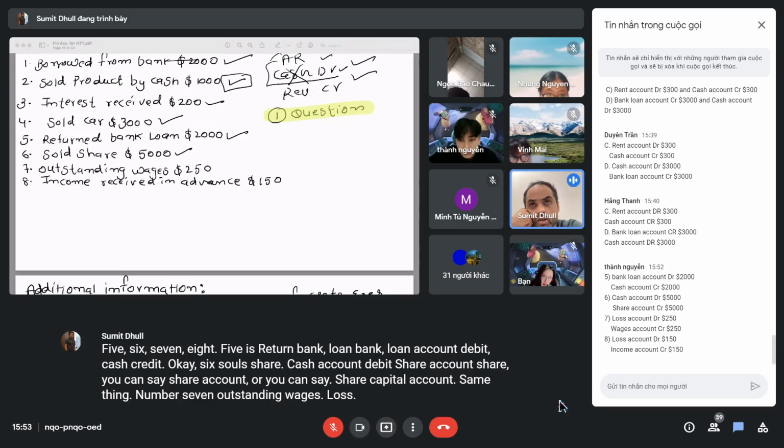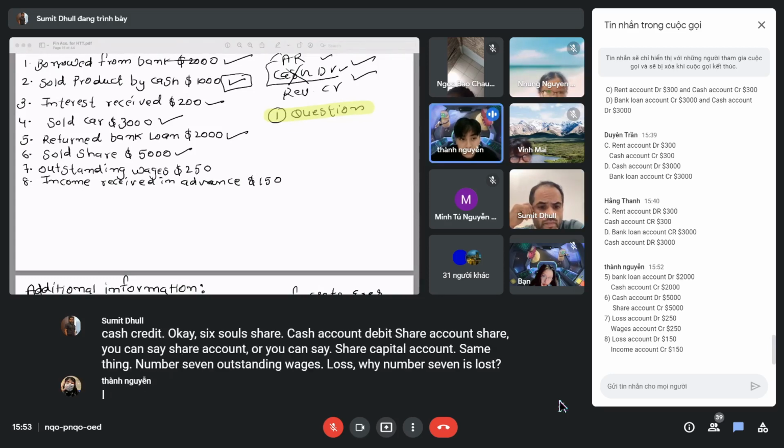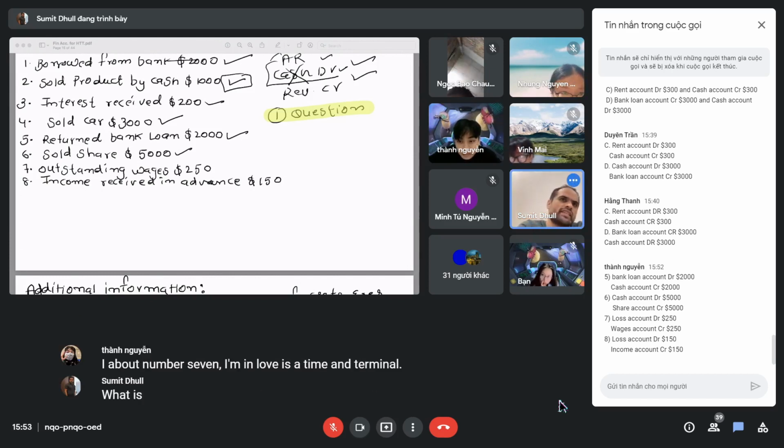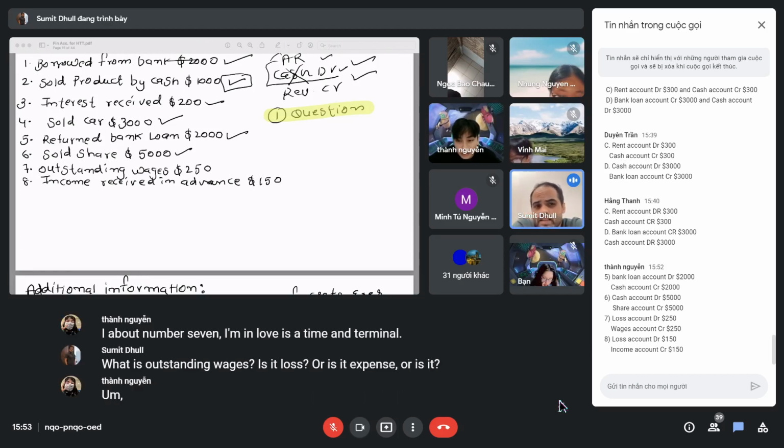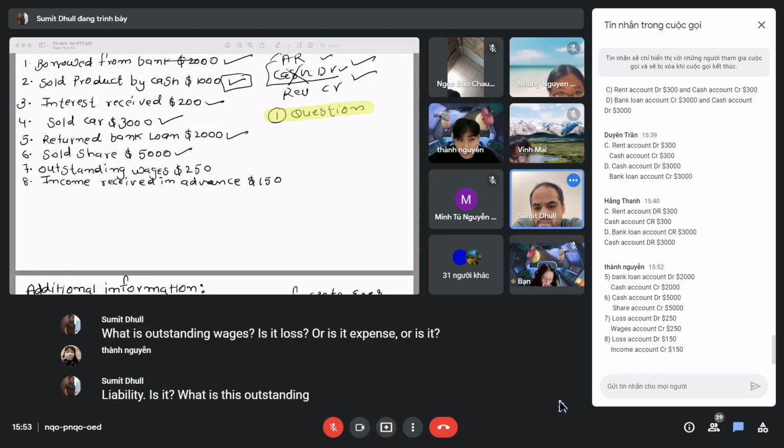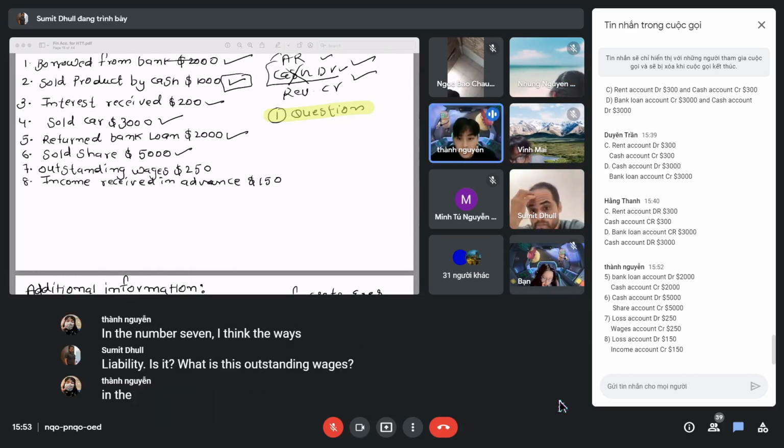Why is number 7 loss? What is outstanding wages? Is it loss, or is it expense, or is it liability? In number 7, I think the wage is increase.